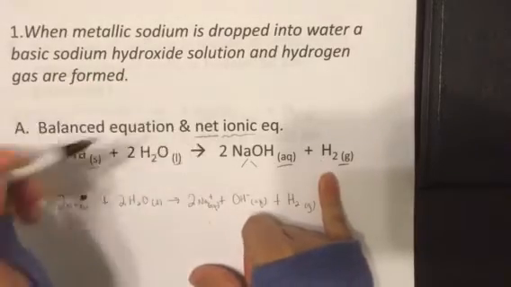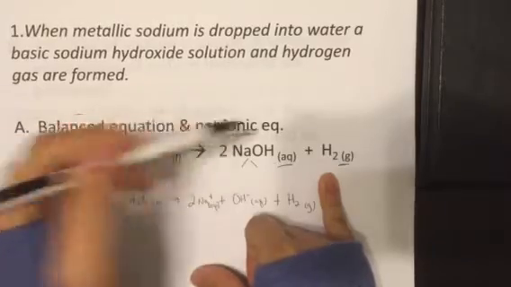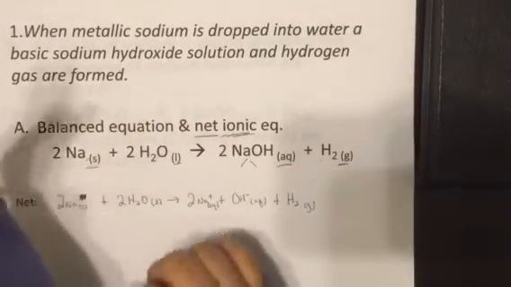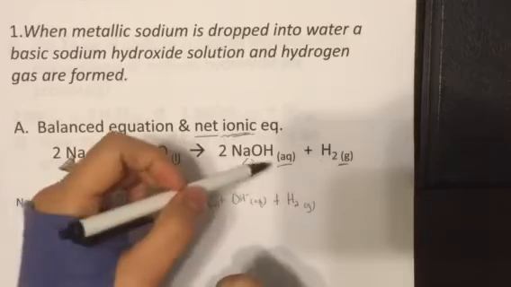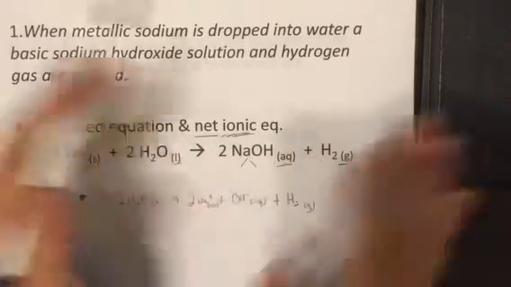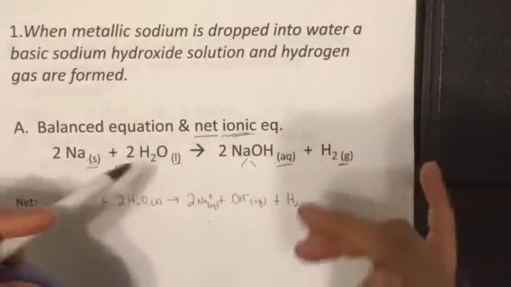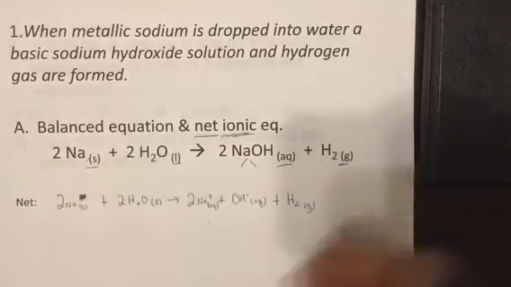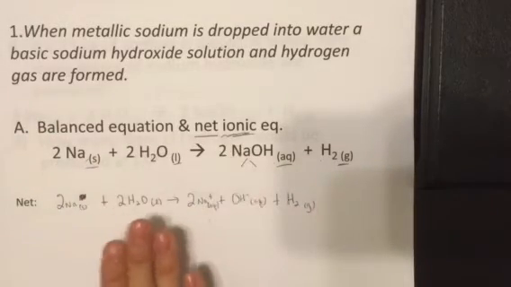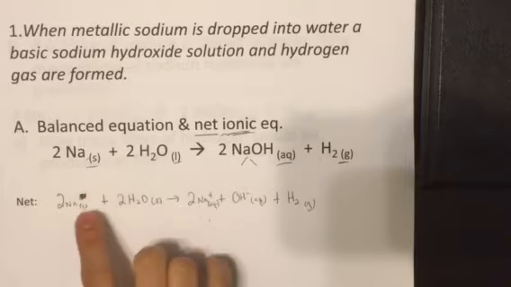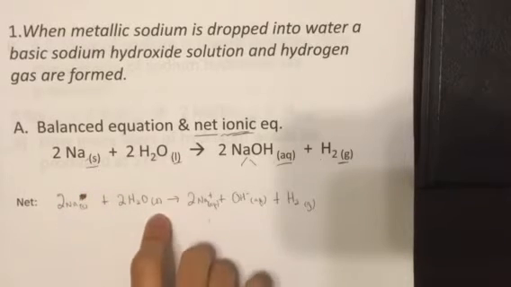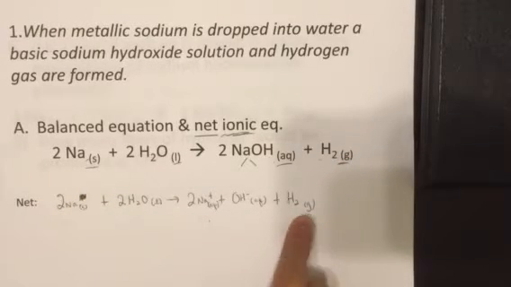In net ionic, I'm going to do the same as just ionic, but then I am going to take away anything aqueous or any ions that had nothing to do with creating new solid, liquid, or gas, okay? So in this case, I have solid, so keep that one, liquid, so keep that one, gas, so keep that one.